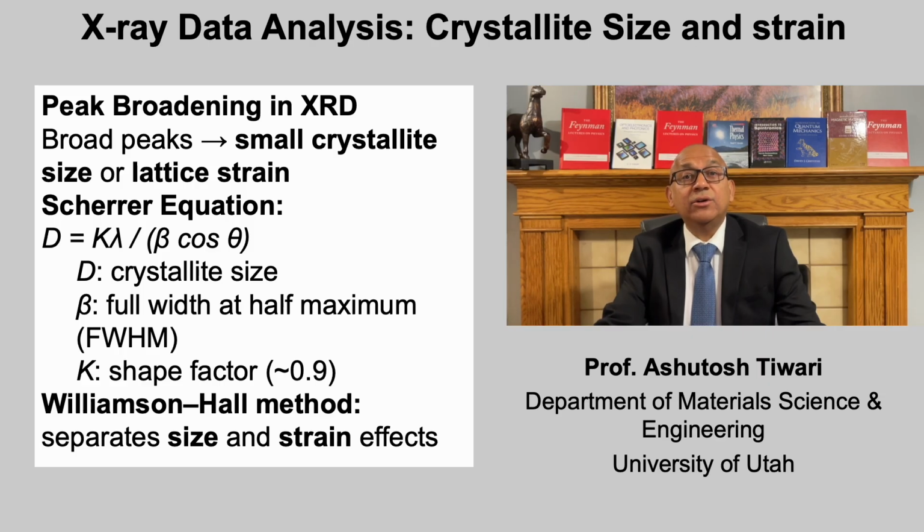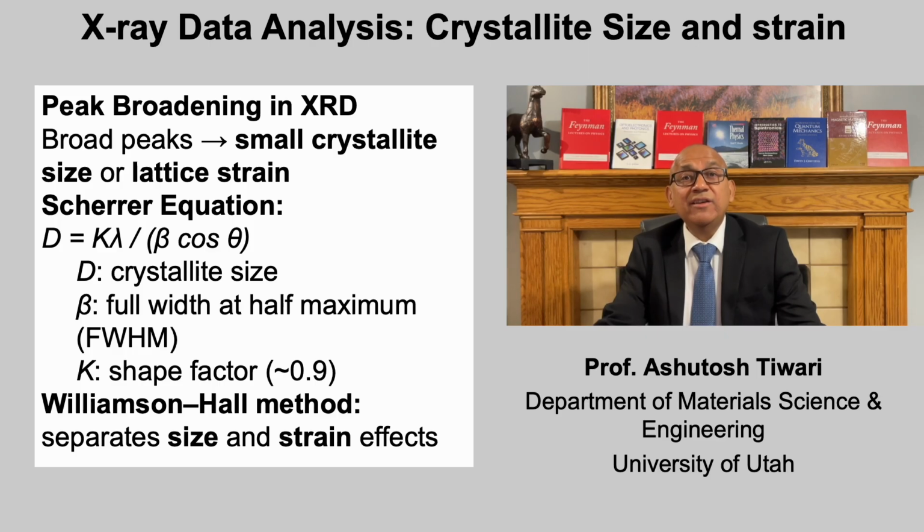Many materials also exhibit microstrain, small distortions within the crystal lattice, which contribute to broadening in a different way. The Williamson-Hall method is particularly useful here because it allows us to separate the contributions from crystallite size and lattice strain by analyzing several diffraction peaks simultaneously.